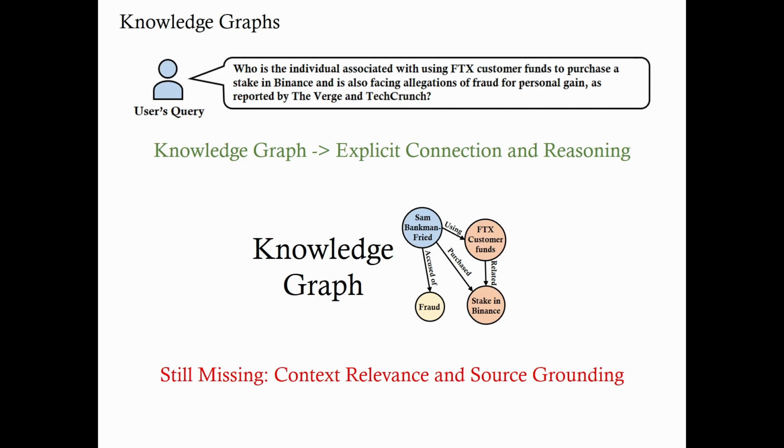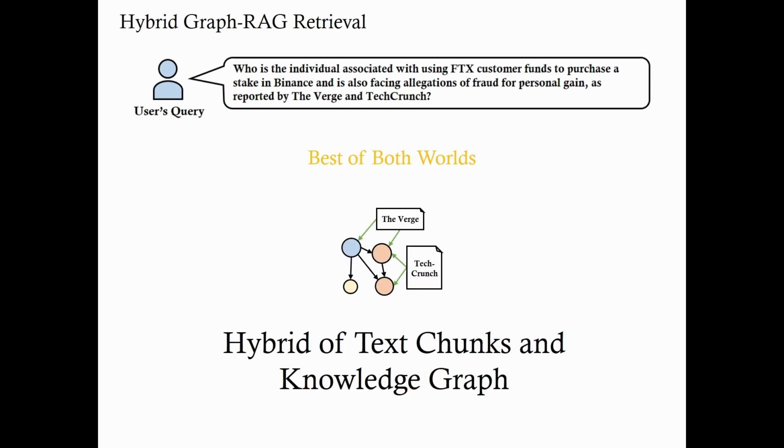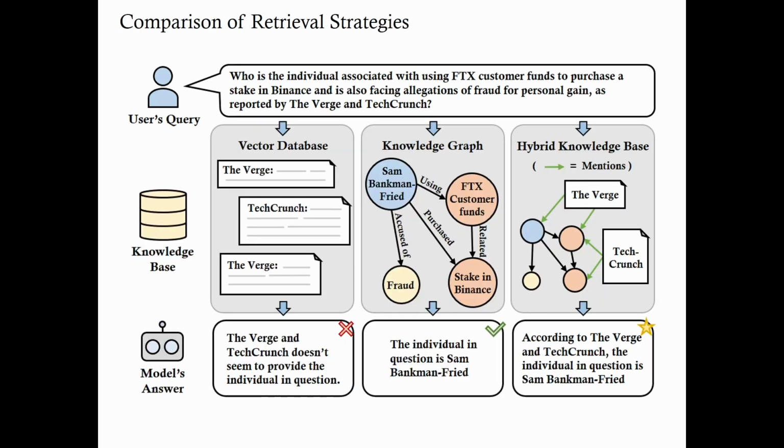So our proposal is to delegate this to a hybrid graph RAG retrieval, where we take the best of both worlds. We connect the text chunks to the knowledge graph themselves and have a hybrid of text chunks and knowledge graph. Here is an overview of the relevant knowledge bases that we just discussed.